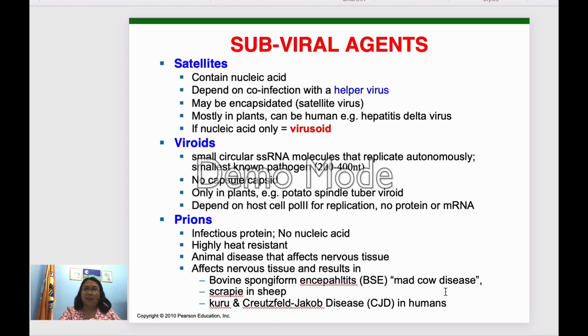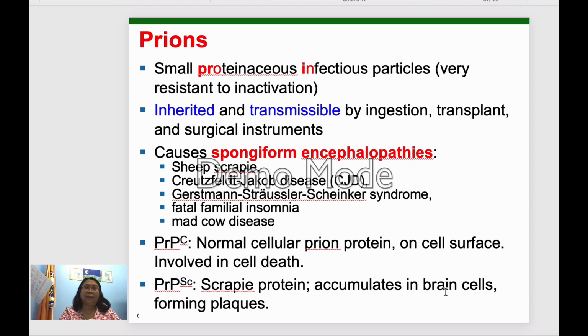Prions are actually proteins that are transmissible and can be inherited, or acquired via ingestion, transplant, or even surgical instruments that are contaminated with them. The target is the brain. It can transform the brain into a sponge.